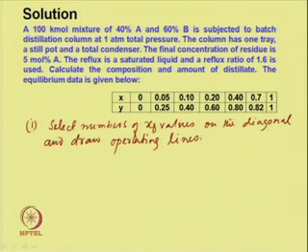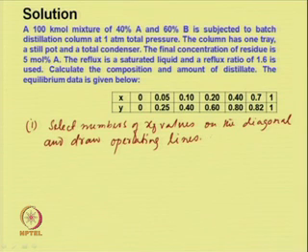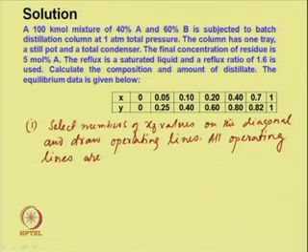Since the reflux ratio remains constant, that is constant reflux operation, all the operating lines will be parallel because their slope is constant, which is R by R plus 1. All operating lines are parallel.